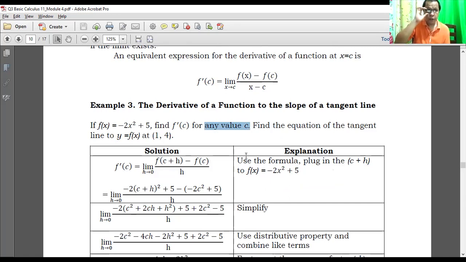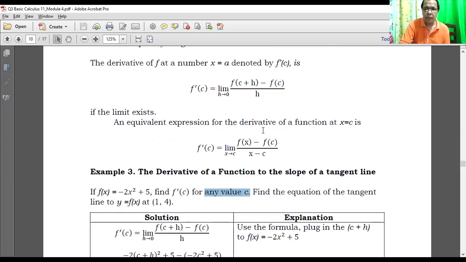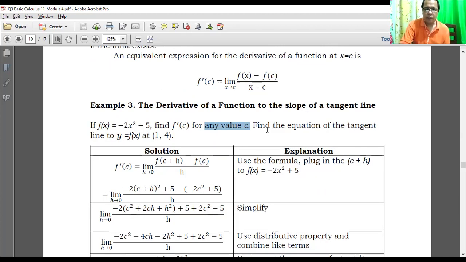So if function of x is negative 2x squared plus 5, find the derivative of function of c for any value of c. Find the equation of the tangent line y equals function of x at (1, 4). Okay. So this phrase, for any value of c, is the hint that you will use the instantaneous rate of change.